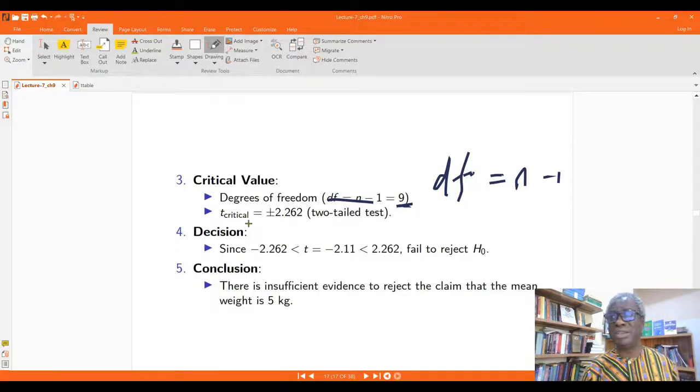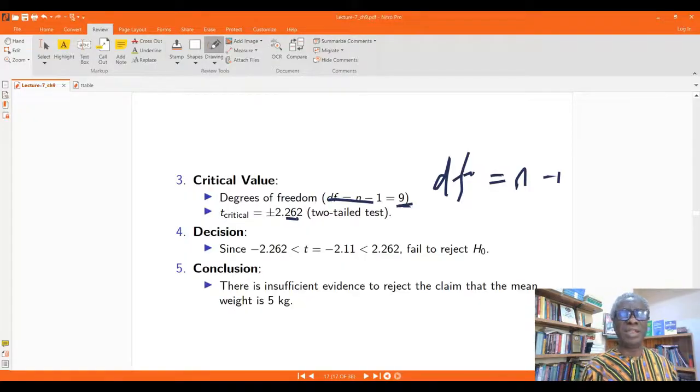If you look at the slide now, that's how we arrive at this. Which means for the lower tail it is minus 2.262, and for the upper it is plus 2.262, because this is a two-tail.